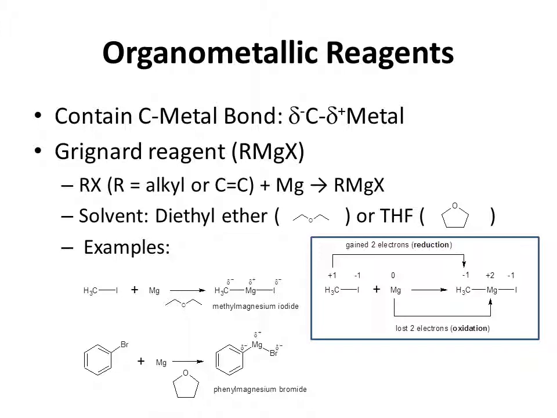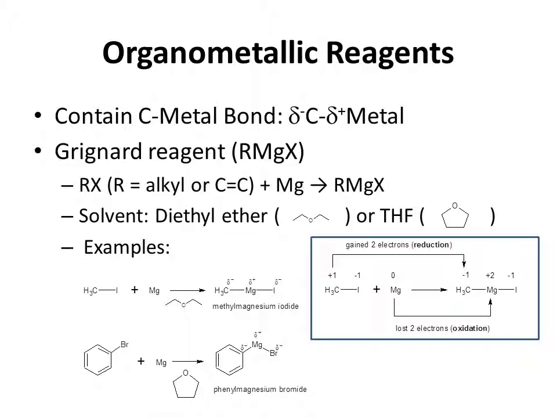So it starts out at 0. It gives up 2 electrons, or loses 2 electrons, to form Mg2+. So that's an oxidation. So the formation of organometallic reagents, including Grignards, is an oxidation reduction process. The carbon gains electrons, the metal loses electrons.